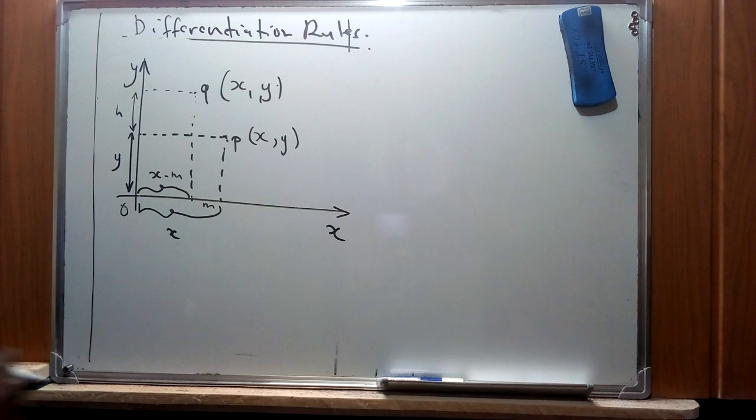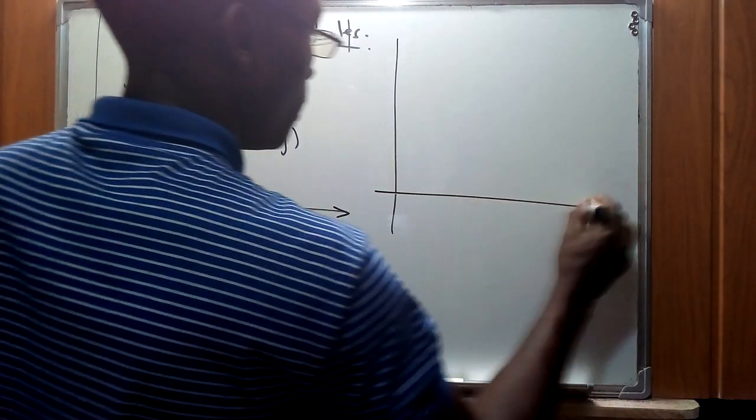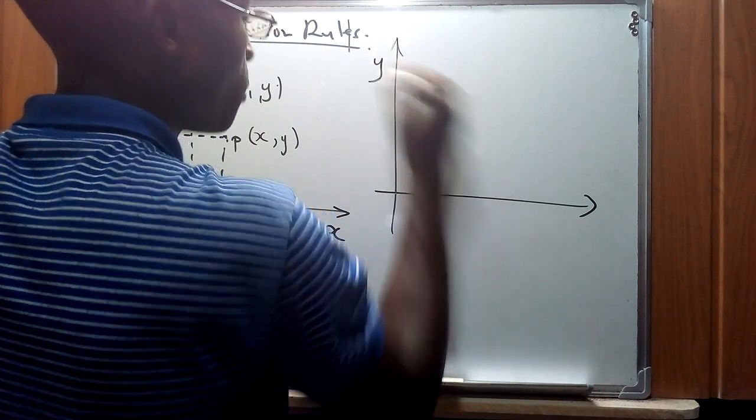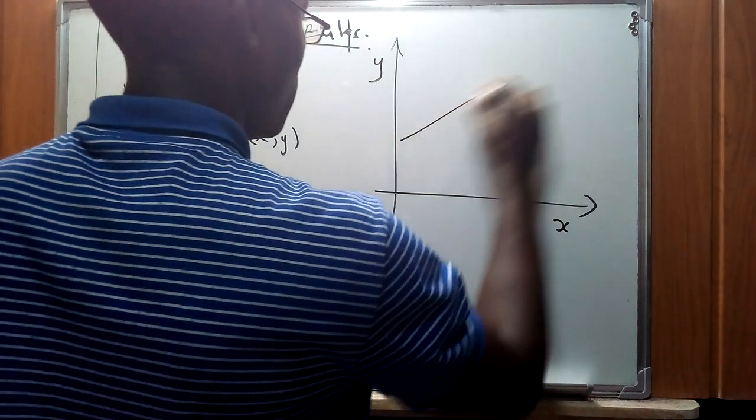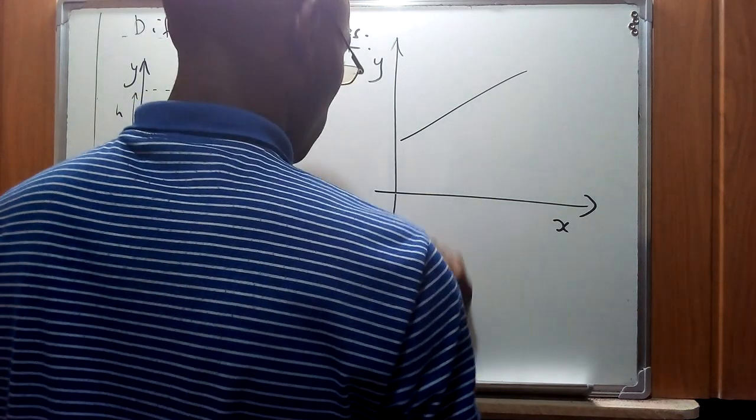Now, suppose we have a function that is represented on these xy coordinates. This is y, x, that moves along that direction. Then we can find what we call a derivative.